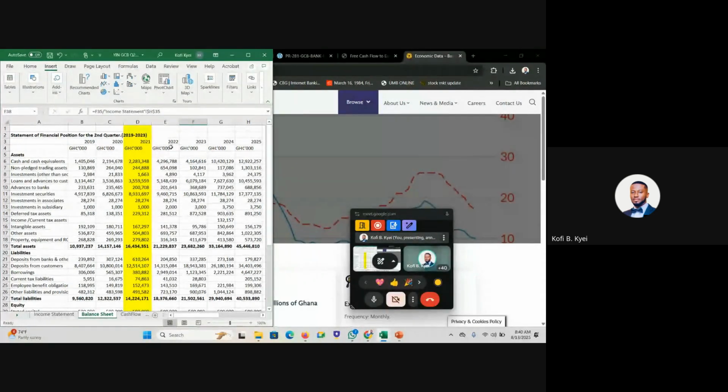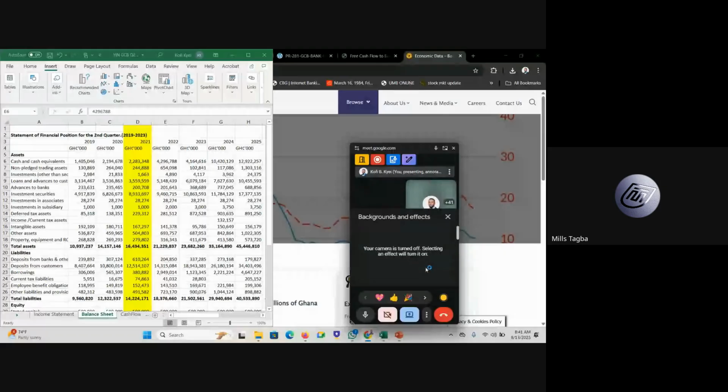For MTN, you analyze the group, because MTN has mobile money and those subsidiaries, and they all feed into the profitability of the business, and that's what we are seeing in the market. So you have to find out which is listed. For Republic Bank, you analyze Republic Bank, not the group. It's case by case, so you have to be careful which one you analyze so that you come out with the right values. Am I clear?